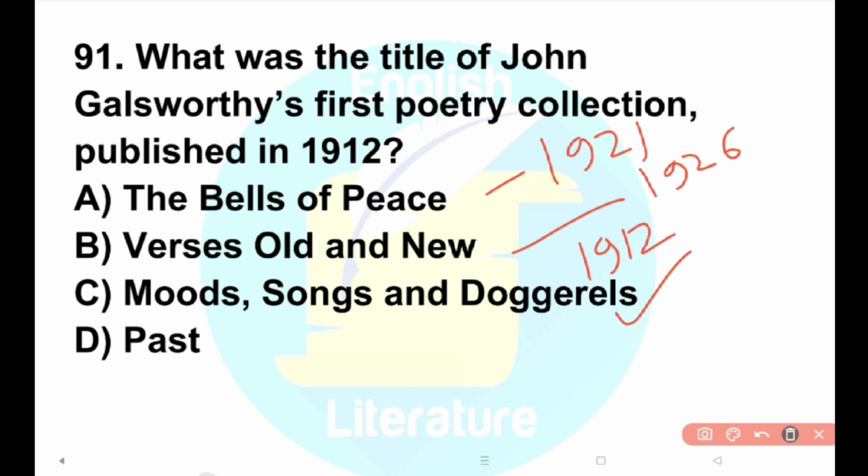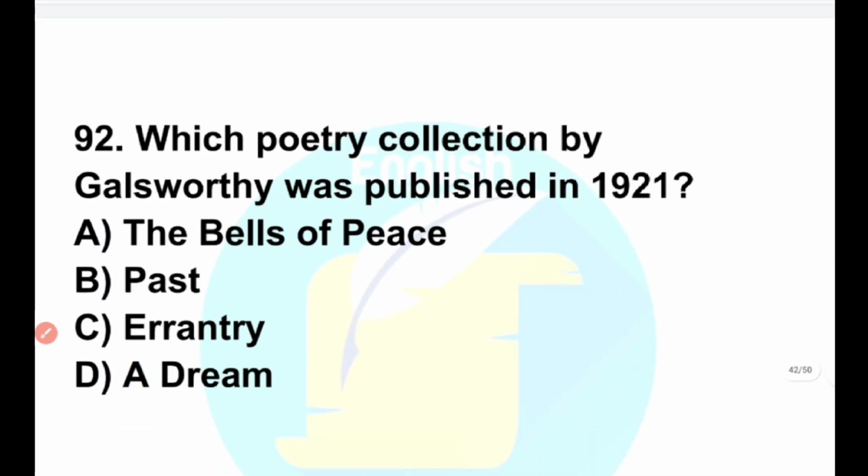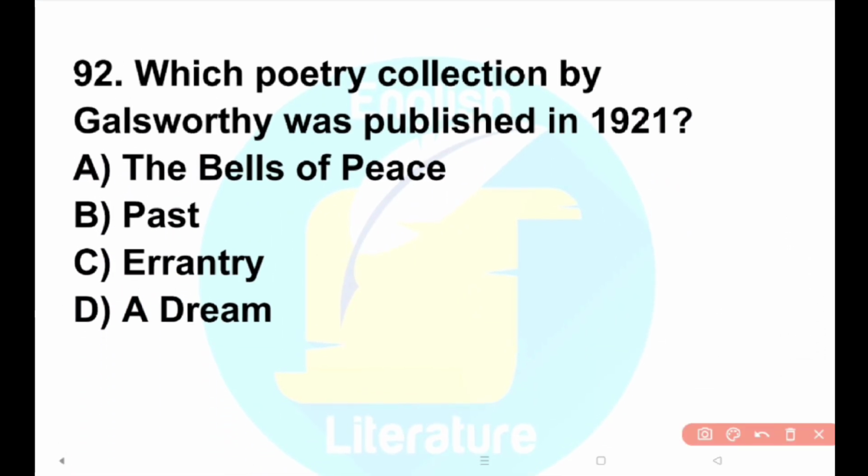Next, which poetry collection by Galsworthy was published in 1921? Option A, The Bells of Peace, published in 1921.